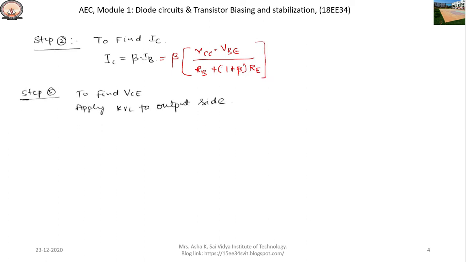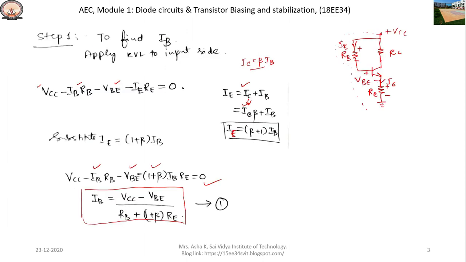Now we are going to find the collector to emitter voltage by applying KVL to the output side of the circuit. This is the output side of the circuit, that is VCC, then plus or minus ICRC, plus or minus VCE, then plus or minus IERE is equal to 0.